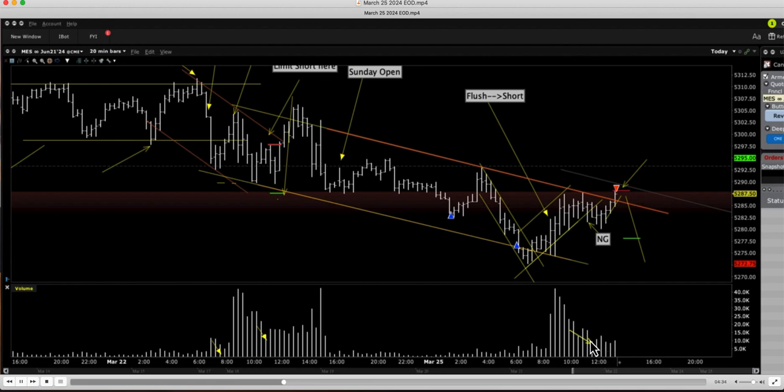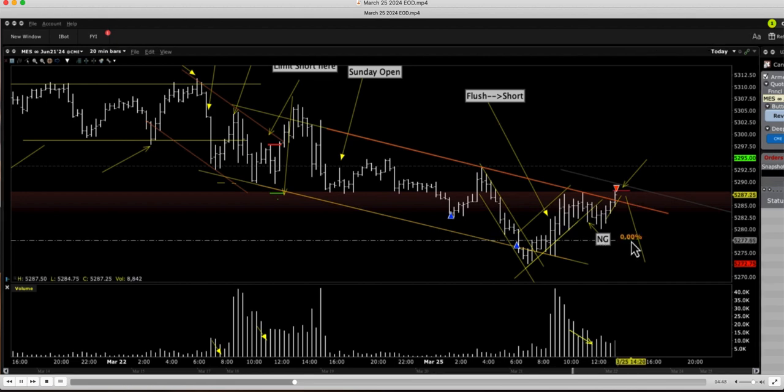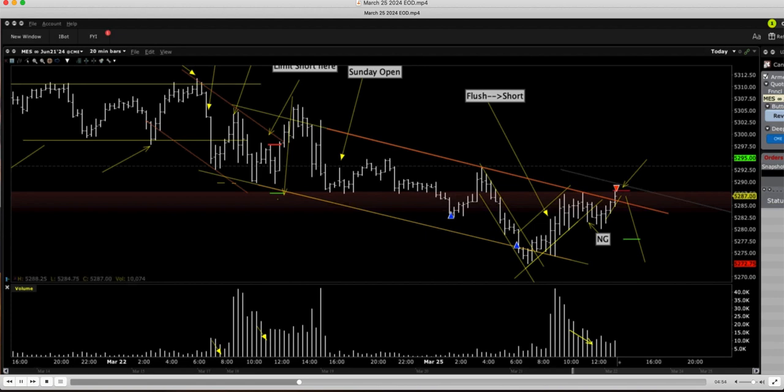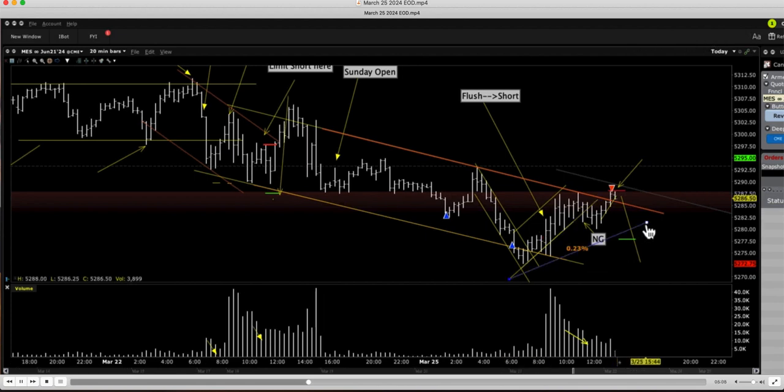And volume is still dropping on the move up. Now in here, I'm thinking I may also be wrong, and we may be setting up a new uptrend. So I need to be able to watch that.